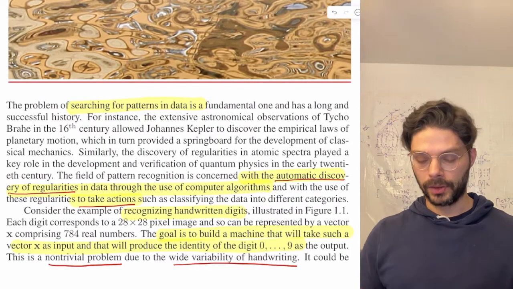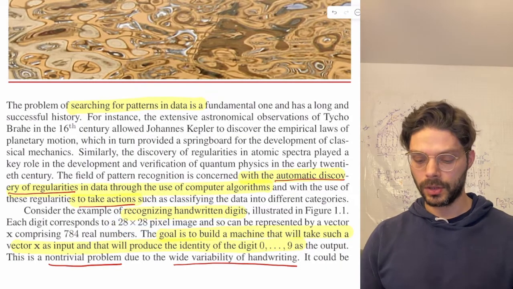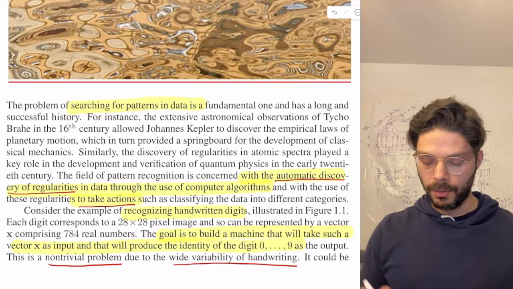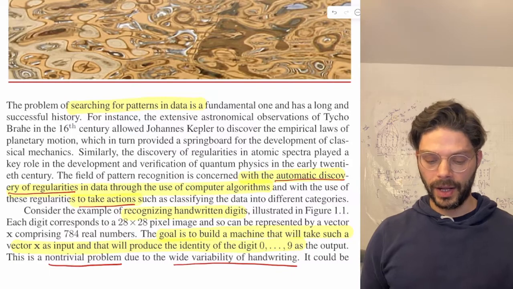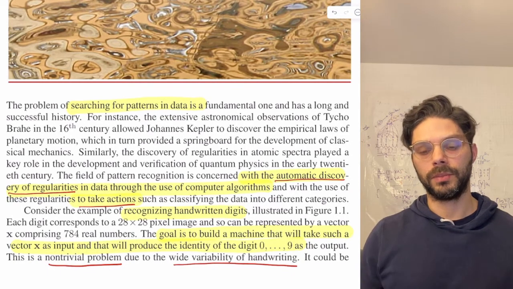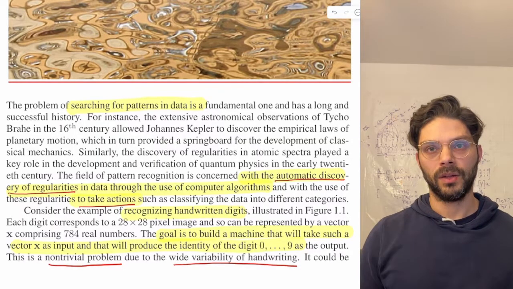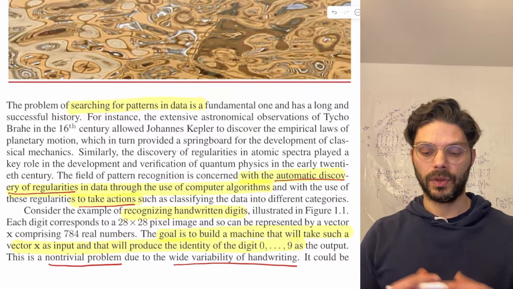So let's get back to the problem. We've got these handwritten digits, and they're 28 by 28 pixel images. The goal is we want to build a machine that will take one of those images and give an answer 0 to 9. And as he points out, this is a non-trivial problem because people aren't robots. Everyone writes their zeros and ones and twos in a different way. So it's important to be able to deal with that variability.